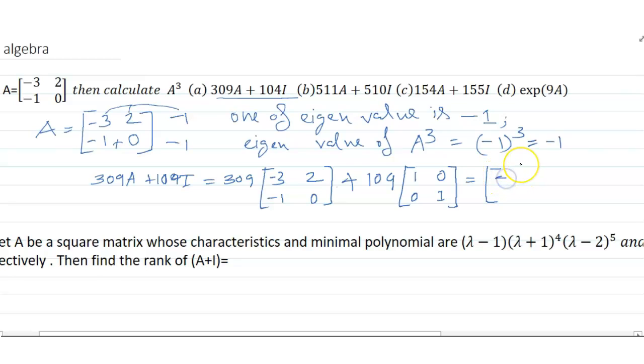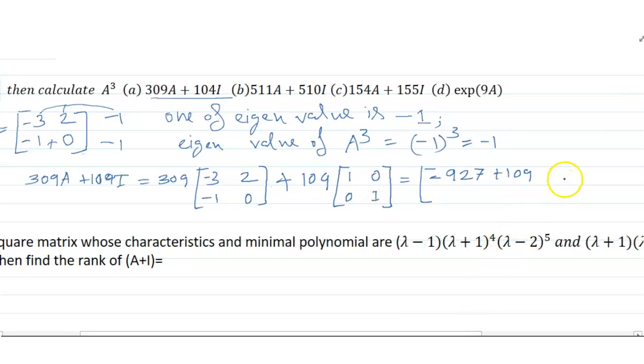minus 927 plus 109 plus 618, that does not equal -1.